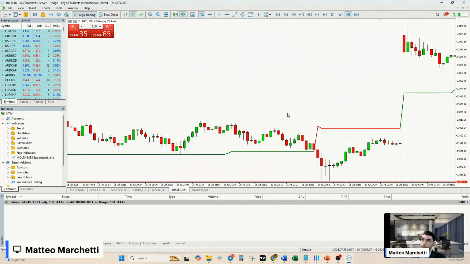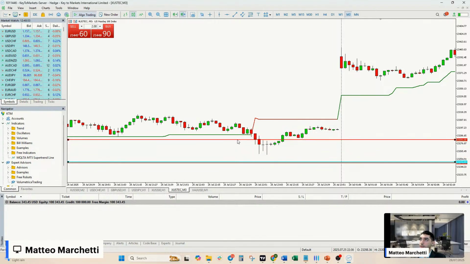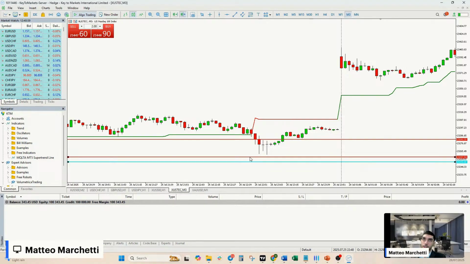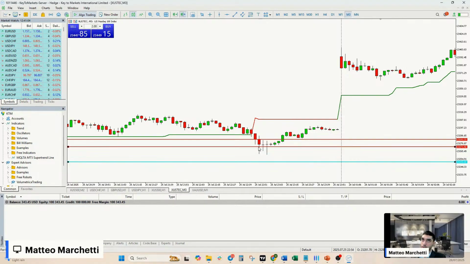Imagine we open the short, so I can give you the short side too. We open the trade here. Our first take profit is going to be 10 points lower, so 71. This is exactly the same situation.